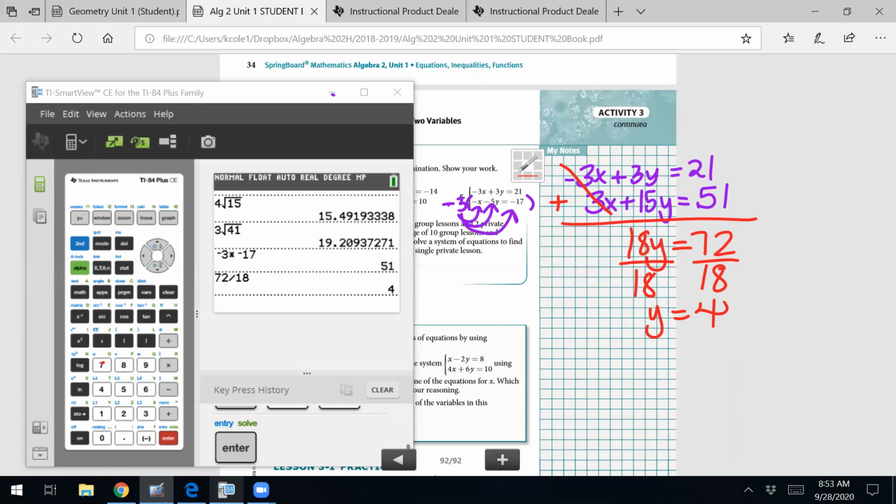We have y. How do we get x? Plug in. Which one do you want to plug into? We'll do the first this time. So we've got negative 3x plus 3 times 4 equals 21. Because it really doesn't matter where you plug it into. You'll get the answer no matter what. So then this is going to give me 12.